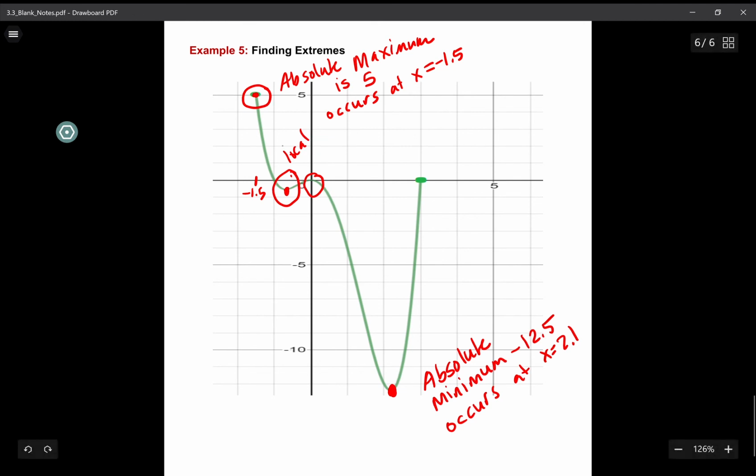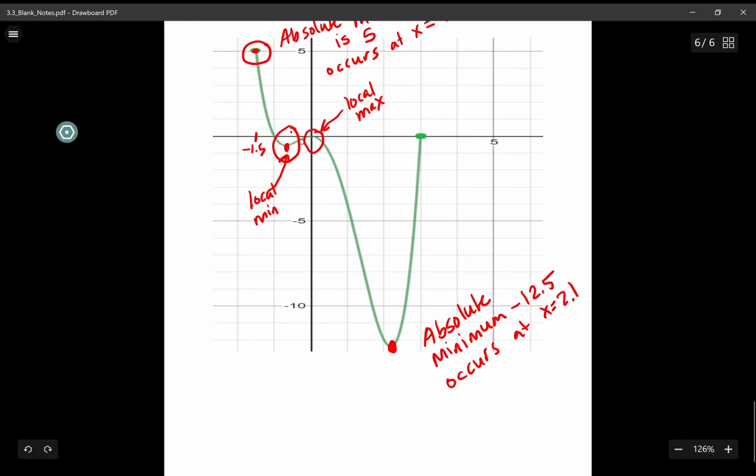I should probably write this below. I think it'll be neater if I write it below, so we'll draw an arrow right here. Local min. Then this one goes from increasing to decreasing. That is a local max. And there's one more. Do you see one more? Yeah, this one down here. Even though it's an absolute minimum, it's also a local minimum, both things, because it goes from decreasing to increasing.